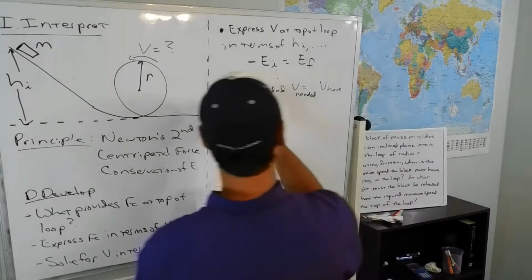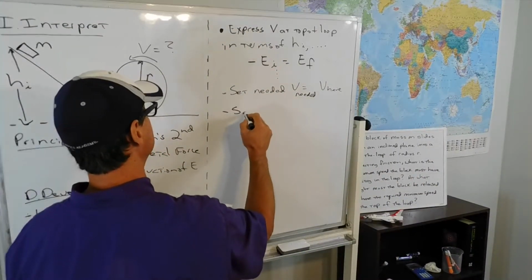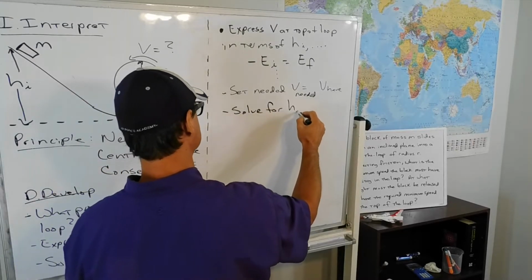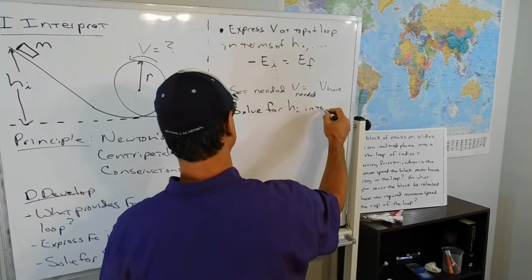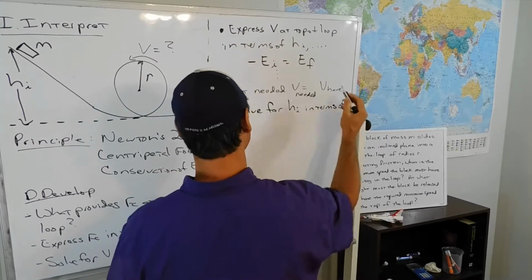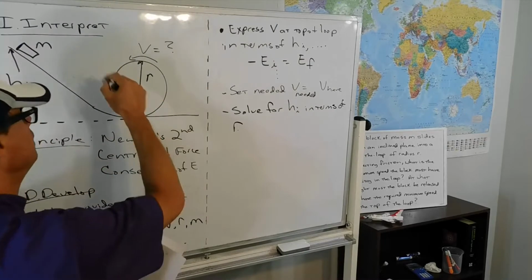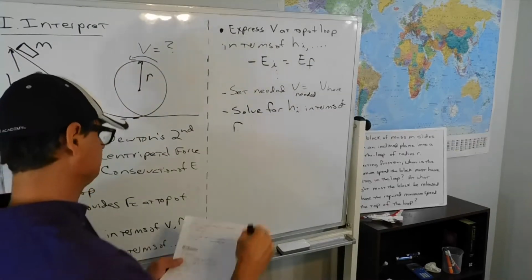And then once we've done this, we can eliminate variables and solve for H initial, ultimately in terms of R, the radius of the loop-de-loop.